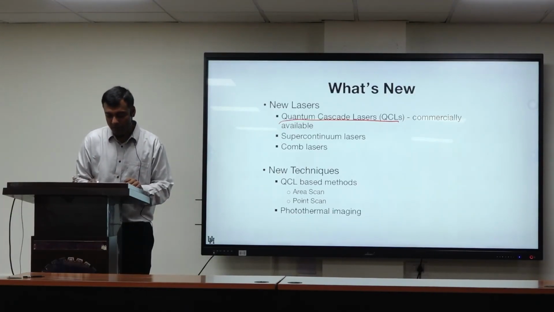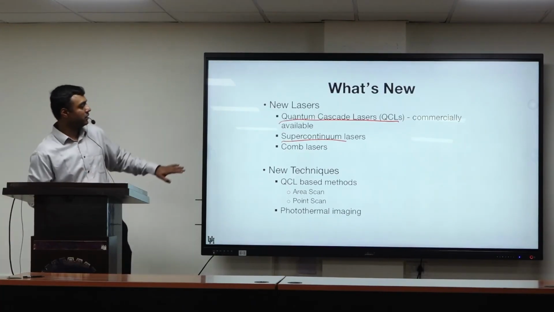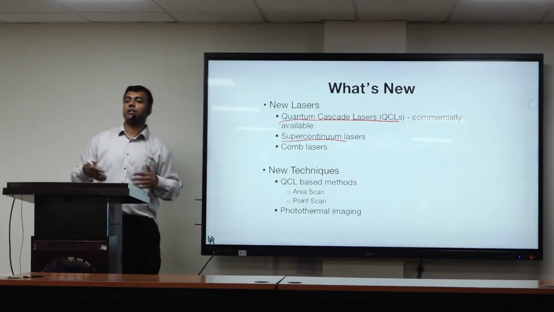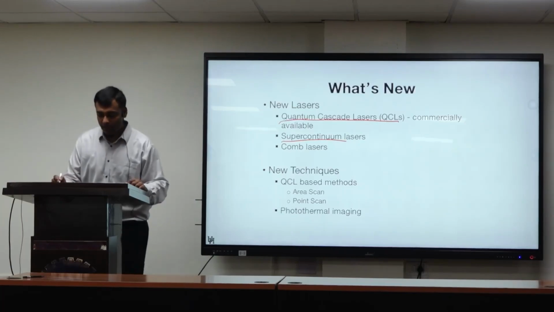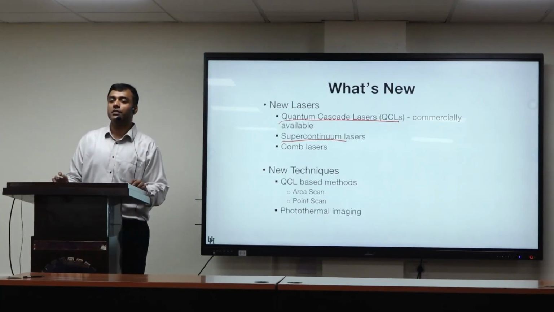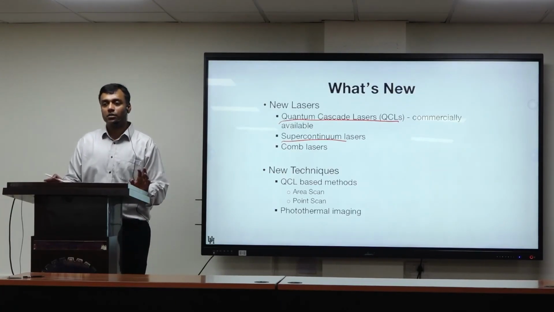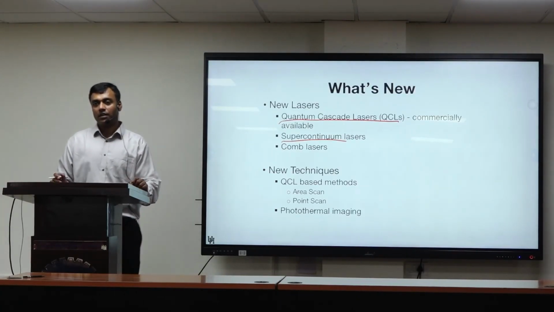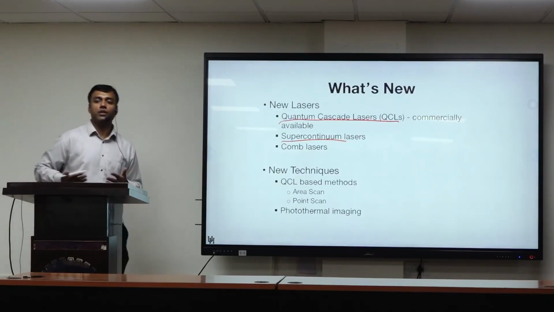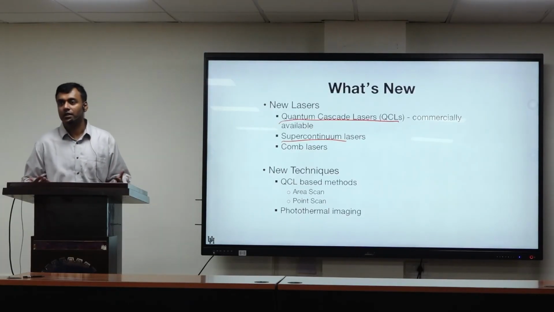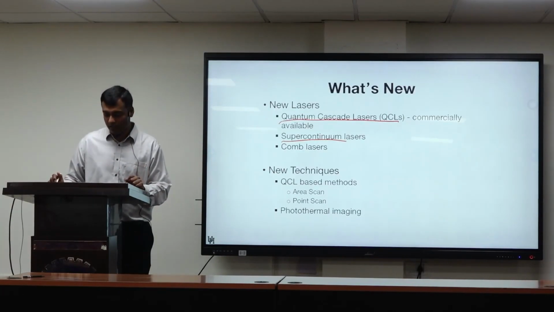And there are supercontinuum lasers and comb lasers. There are different types of lasers which have come about in the past few years, which allow you to do much better than the old methods. So the technology has improved, and you can use it to build better devices faster and easier, with higher quality data.